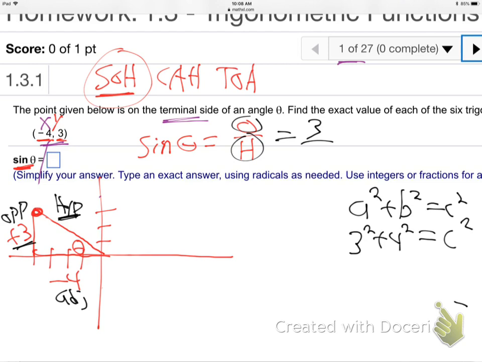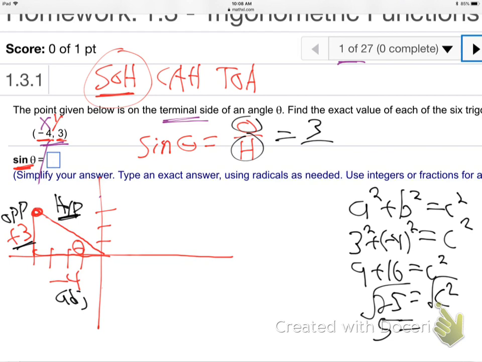Does it have to be negative 4? It doesn't matter, because what's the difference between negative 4 squared and positive 4 squared? It's going to be 16 either way. That's why I'm being casual about it. This is 25. Like that. And root it, 5.